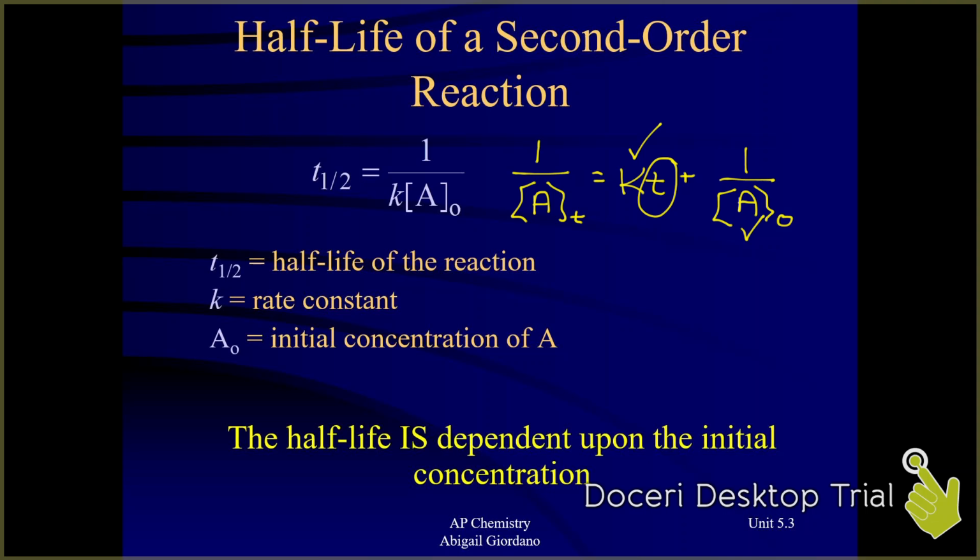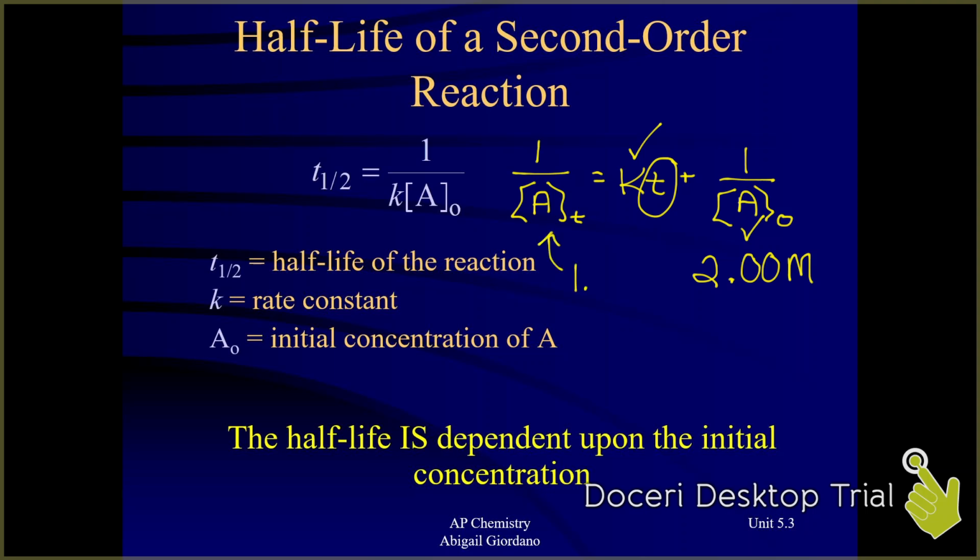So guess what? Let's make up a number. Let's say you're given the K value and you're given an initial molarity of 2 molar. Well, if it's a half-life, what is that? The length of time it takes for that initial value to be cut in half.